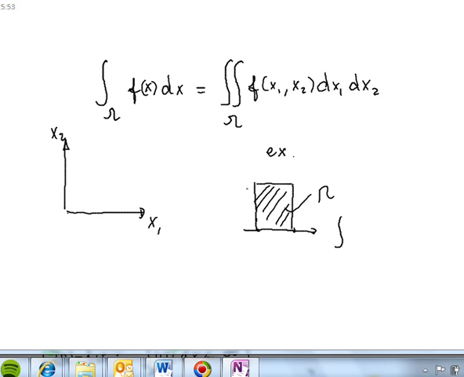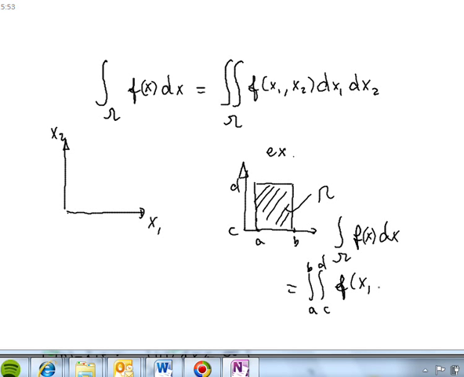Let's do it like this: a, b, we can say c, d here, and the integral over omega of f of x dx is then in this case the double integral from a to b in the x1 direction, and from c to d in the x2 direction.